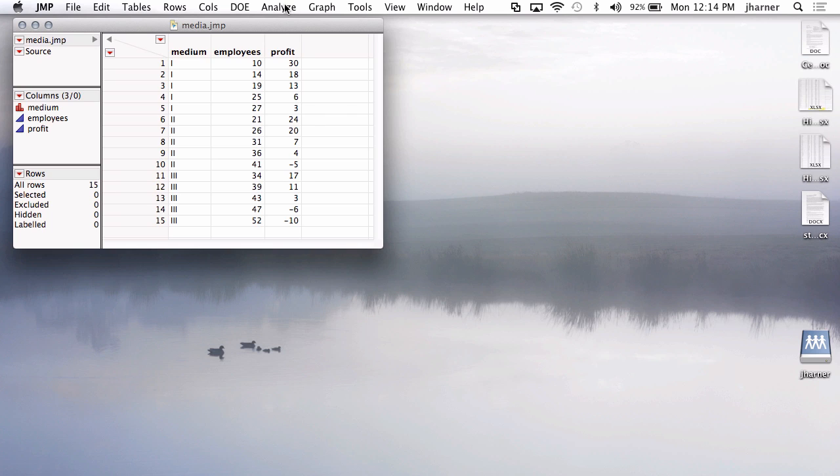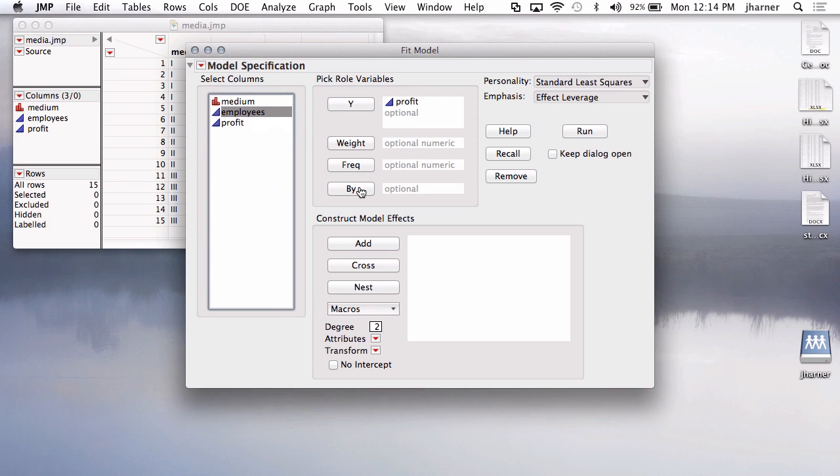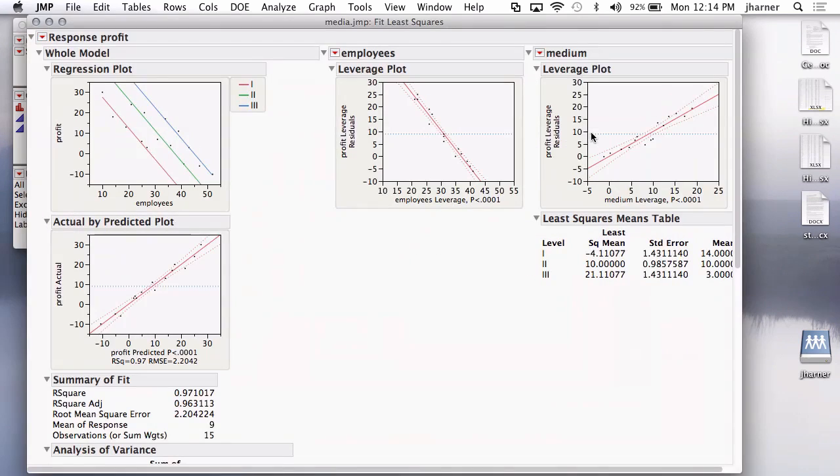First of all, we're going to go into analyze. We're going to say fit model, and then we have profit, and then I'll do employees and median. So if I do this, we're saying, in our terminology, profit is modeled as employees plus median. And I'm going to keep this around, so I'm going to run this.